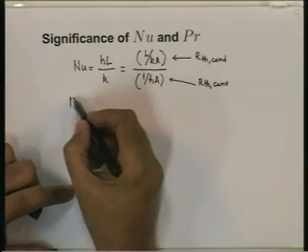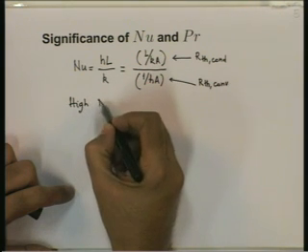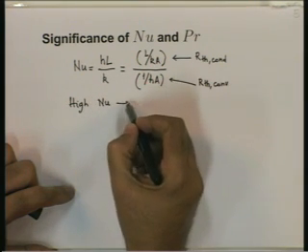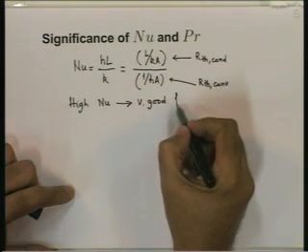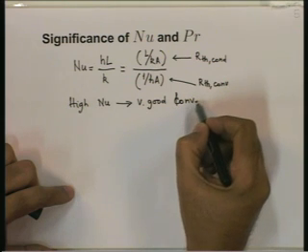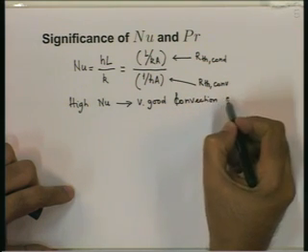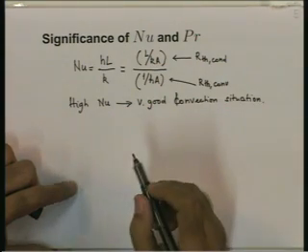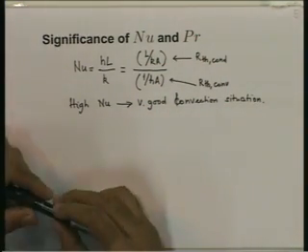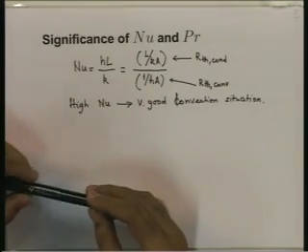So a high Nusselt number represents a very good convection situation. So if we have a situation of forced convection, more effective forced convection effects would mean that the Nusselt number is high.